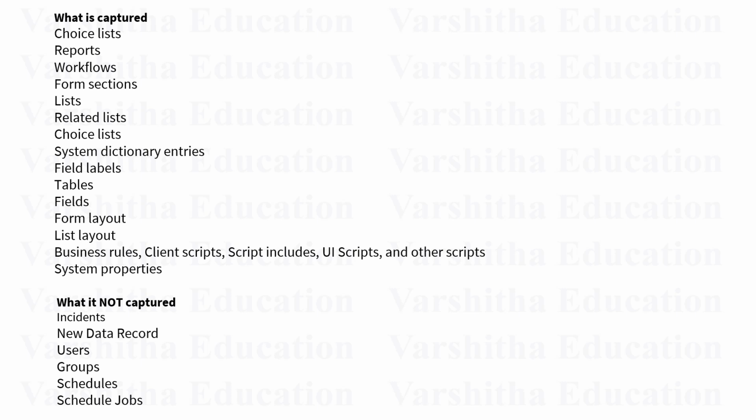But once you see in this area, no records are there. It's not records, user entries, user creations, and any record. For example, when people create an incident, no, it's not there, because the record-based data is not captured in an update set. I will show what is not captured.